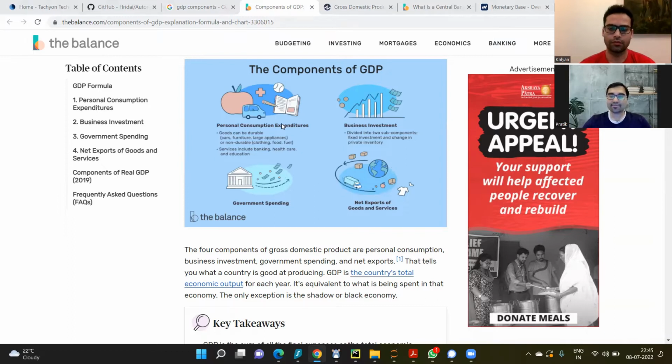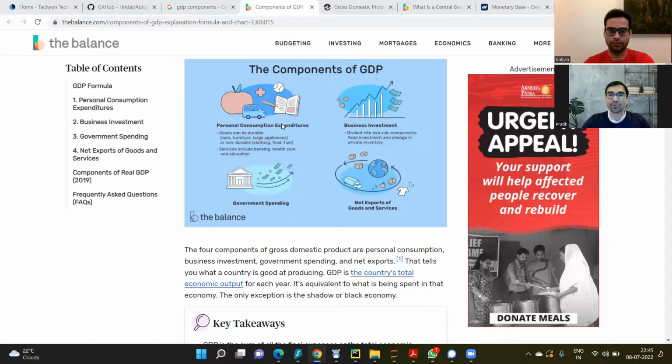So government has income from those sources, government has income from taxes, but government will also have to spend a lot of money, let's say, on its salaries, on maintaining the roads, on maintaining the government services, and many other things, right? So those all go into government spending, and that becomes part of the GDP.